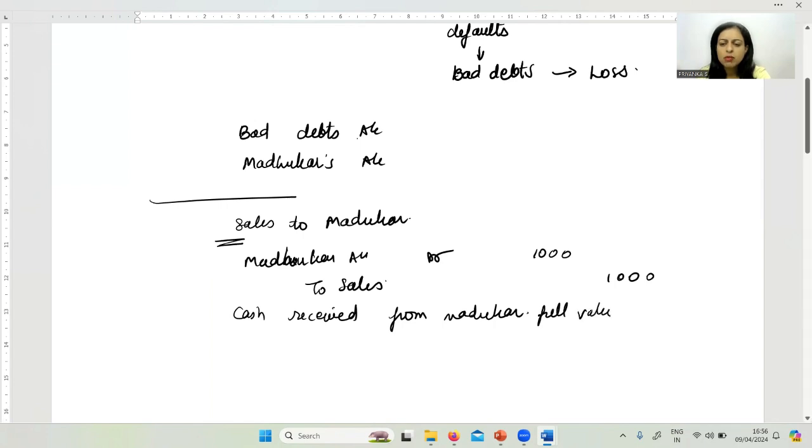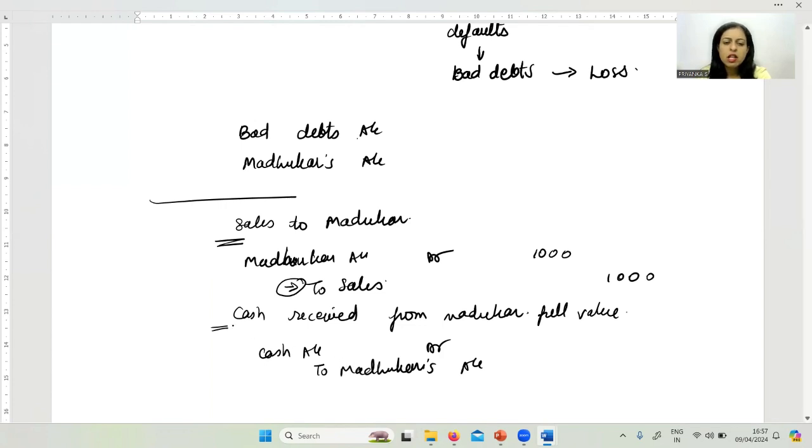So what do I write for this transaction? Cash account debit to Madhukar's account. Against the sales made, I have already recorded the value of sales, so I don't have to record sales again when cash is received. I just have the cash account and Madhukar's account.